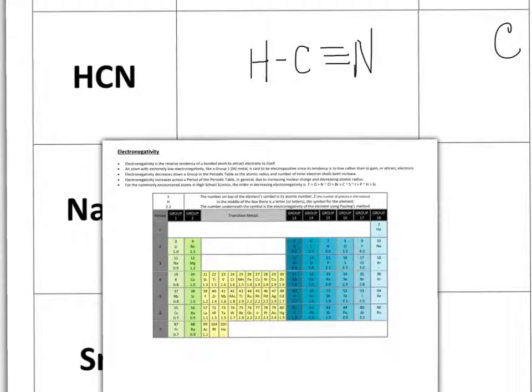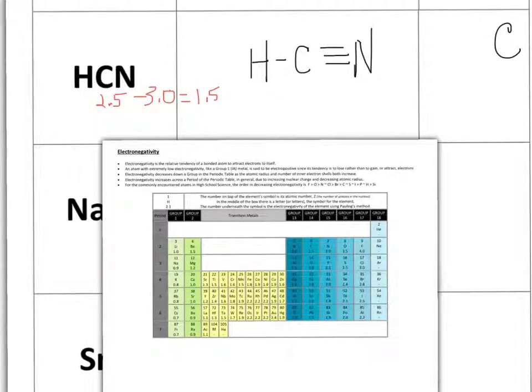Last one I'll do is the HCN again. And carbon is our central atom. And so we've got carbon is 2.5 and nitrogen is 3.0, which is a difference of 1.5.